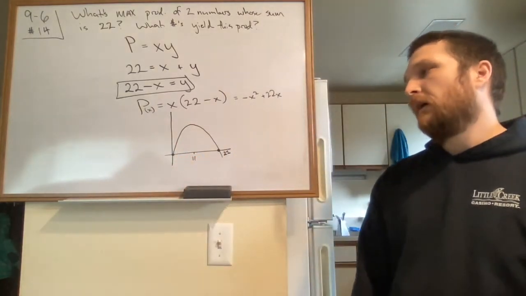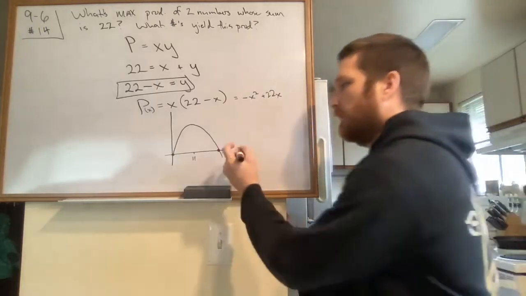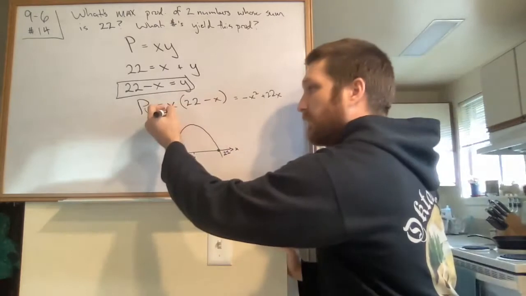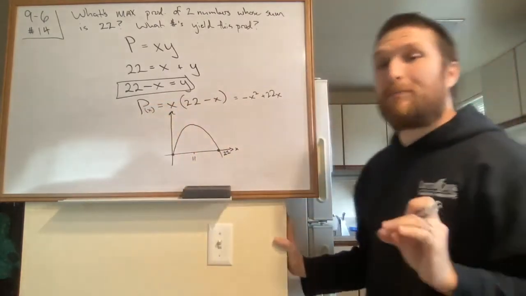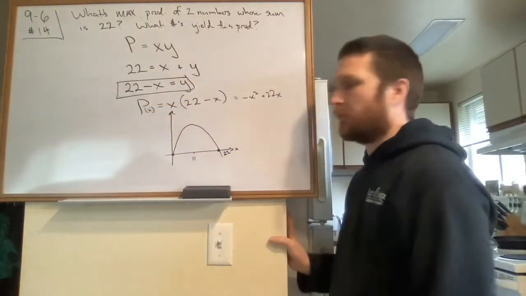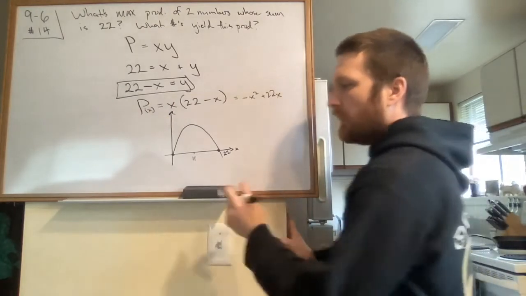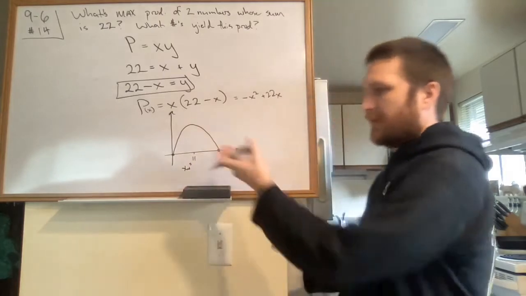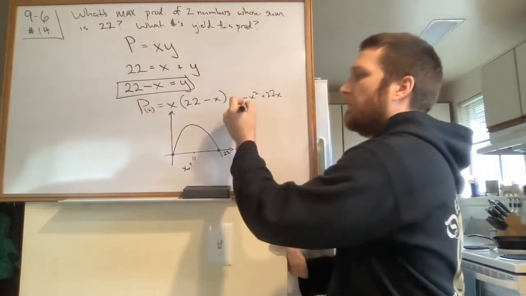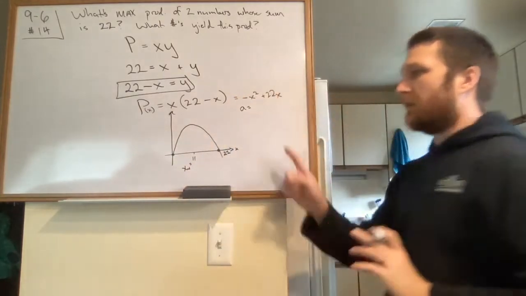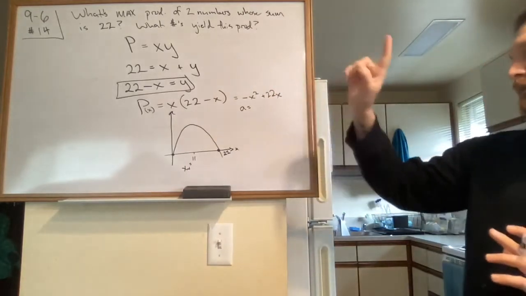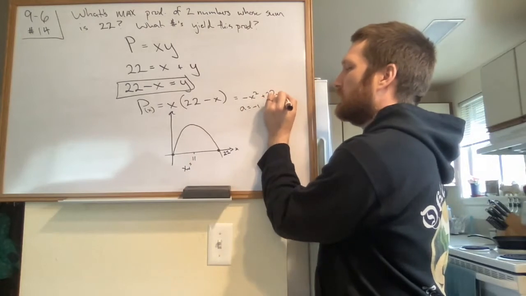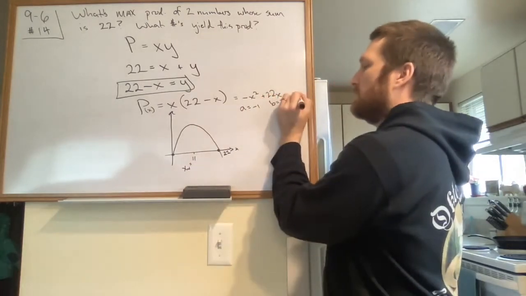Okay. Another way I could do that. Remember what I'm doing here is thinking about different x inputs, and different p outputs, values of the product. Another way I could find that is saying, well, hold up, that's the vertex of a parabola. Because we have this in the form of ax squared plus bx plus c, the a is -1, the b is 22, and of course the c is 0.